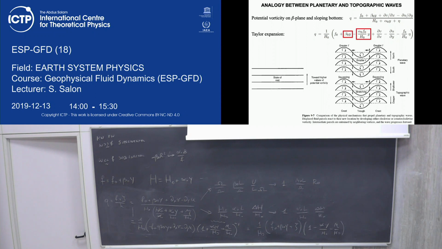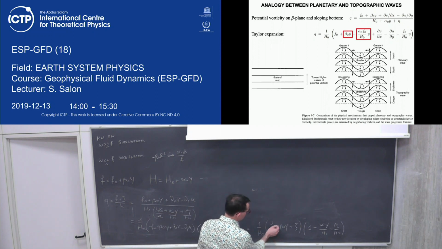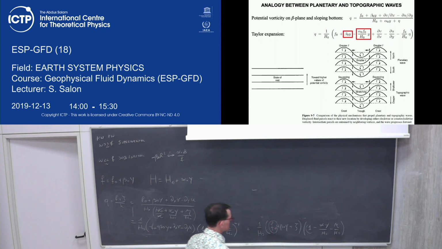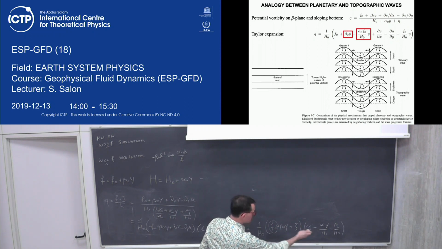Okay, so all this is extremely easy. We can make one step ahead and try to multiply all these terms. In particular, don't forget that the leading terms are F0 and 1, because now we don't have H0.